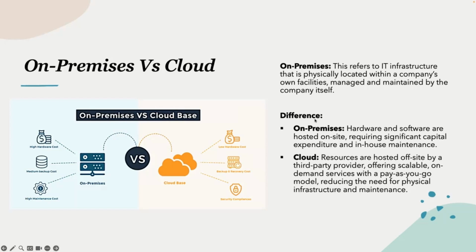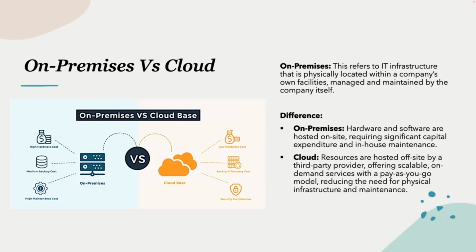The key difference to know between on-premise and cloud is that with the on-premises, the hardware and software are hosted on-site by specific organizations or companies, and those on-premises facilities require significant capital expenditure and in-house maintenance.